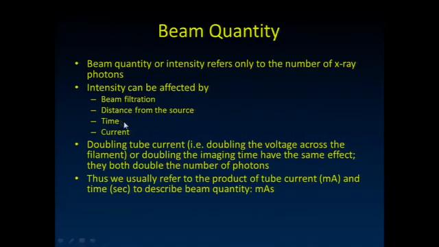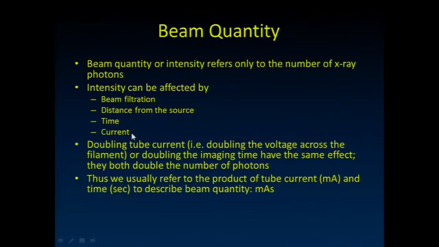Time, the less amount of time you're in front of the beam, the quantity is going to be decreased. And the current. If you change the current that you apply to the X-ray tube, which is the number of electrons that are being boiled off the filament, right? So if we increase the small voltage across the filament so that it heats up more and more electrons get boiled off of it, keeping the really high voltage across it the same, now more electrons are flying across.